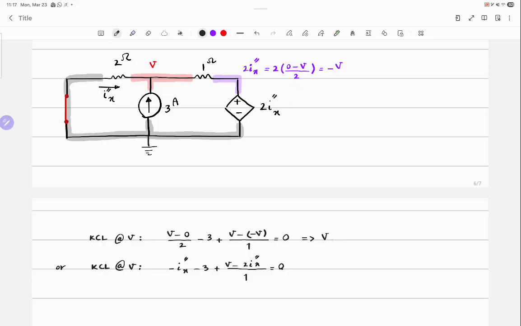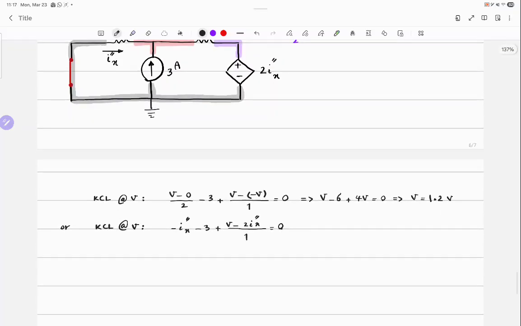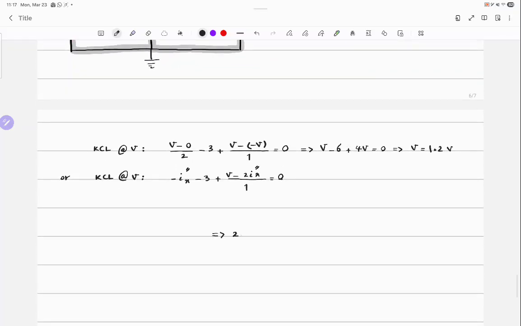V minus 6 plus 4V is equal to 0. V is equal to 1.2 volts. If V is equal to 1.2, then 2I double prime x is equal to negative V, which is negative 1.2, which means I double prime x is equal to negative 0.6 amps.